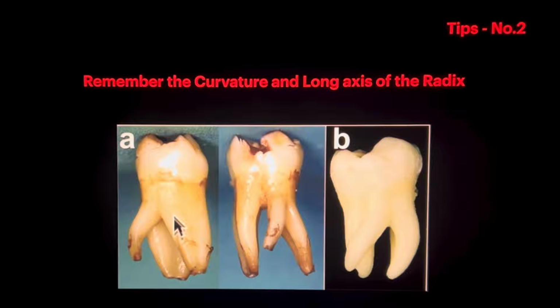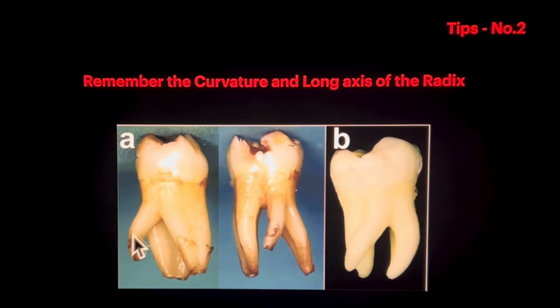Now see this distolingual root. Mostly, I'm not saying in every case, but in most cases, the angulation of this distolingual root is far apart from the long axis of the crown.